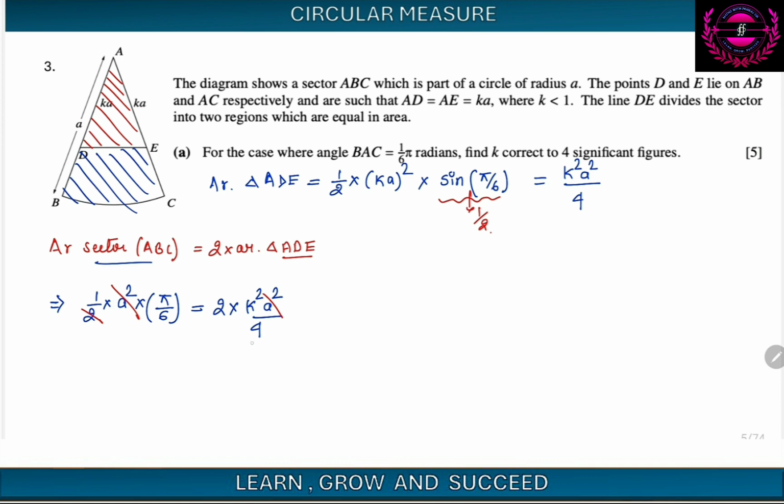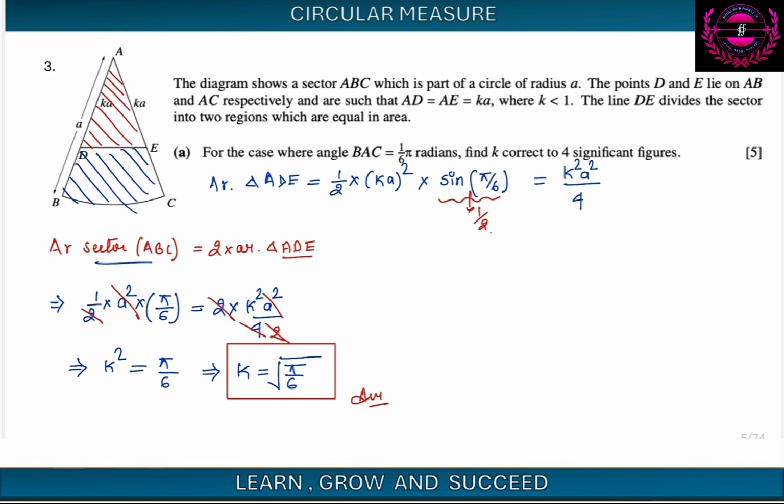Also the 2s cancel out, and now I have K square equal to pi by 6. This means K is nothing but the square root of pi by 6, which is my final answer. So I will box it. Okay, let's move to the next part. I think finding K was our objective. Okay, find K. Now let's move to the next part.